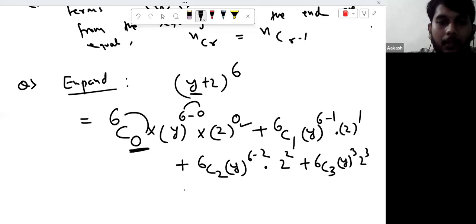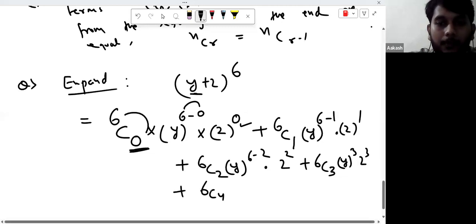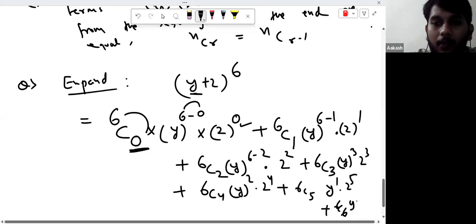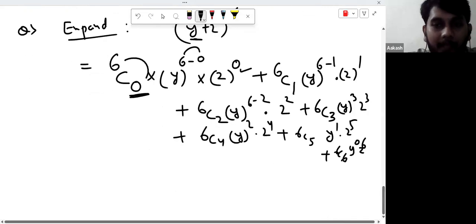Very good. And then it will be 6C4 y to the power 2 and 2 to the power 4, plus 6C5 y to the power 1, 2 to the power 5, plus 6C6 y to the power 0, 2 to the power 6. Okay. Do not move ahead.